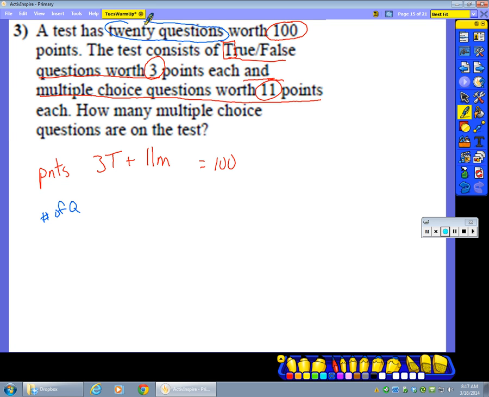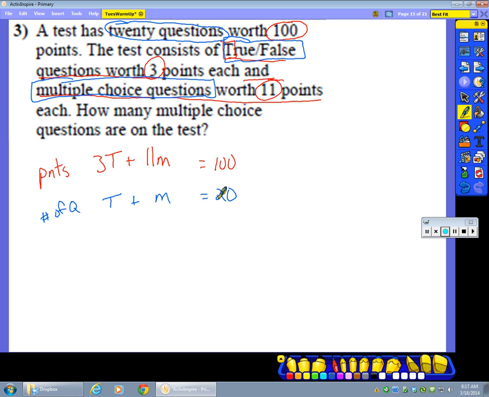So the total number of questions that this test has is 20. Also, we have 2 types of questions on this test: true-false questions, and multiple choice questions.